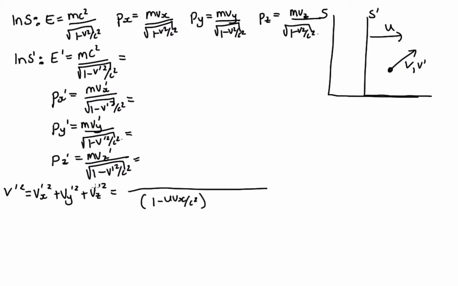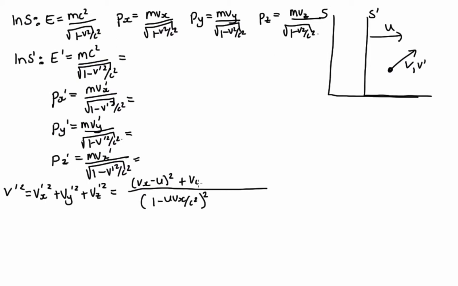And so we know that vx prime is equal to vx minus u over 1 minus u vx on c squared. So this should be squared when we square it. And so this is equal to vx minus u squared. And then the vy prime term, this is equal to vy times the square root of 1 minus u squared on c squared, over this.